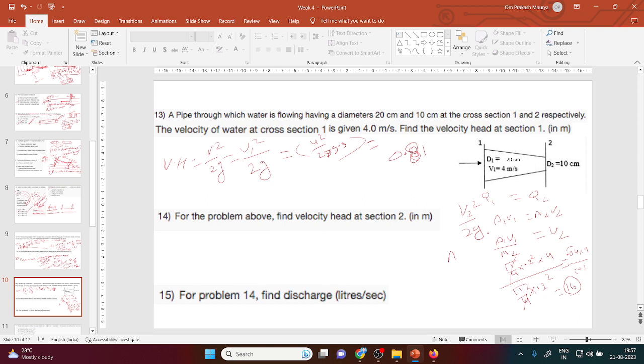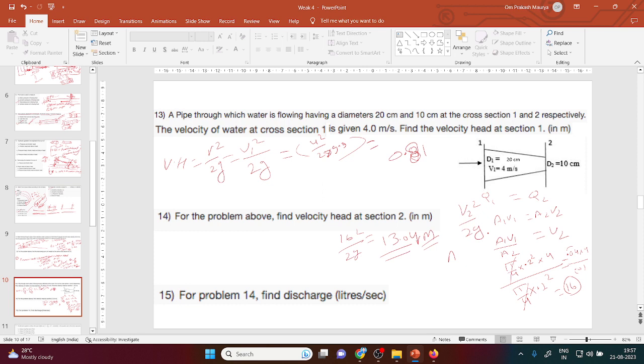So v2 is equal to 16, so 16 square divided by 2 into 9.81, that is 13.04 meter. Velocity head is 13.04 for question number 14.